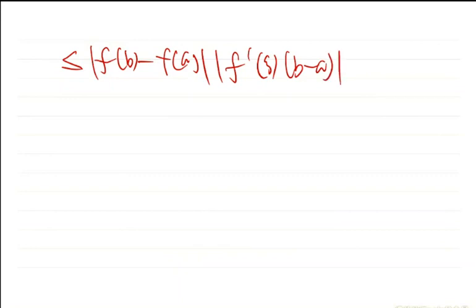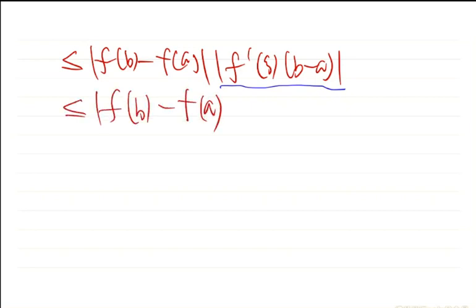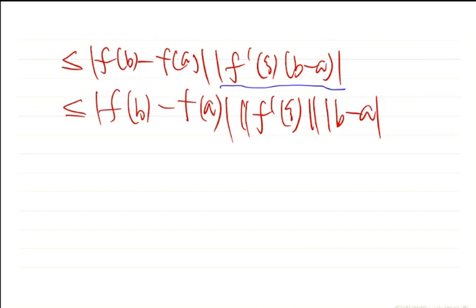This is our last computation. For this, we apply the property of the matrix norm. So this will not be greater than the norm of fb minus fa times the norm of f prime Xi times the norm of b minus a.